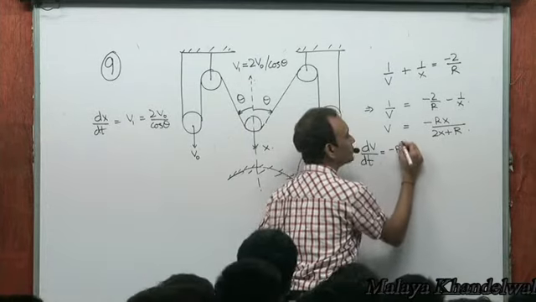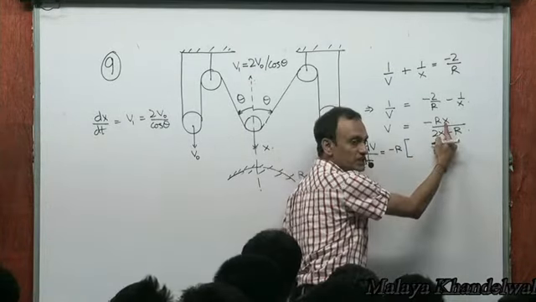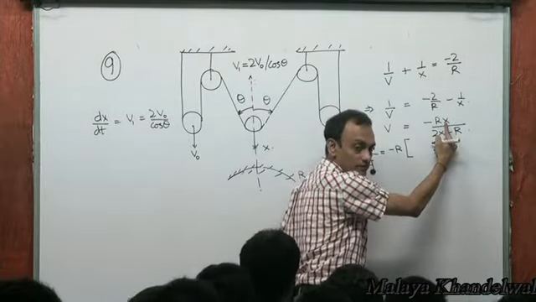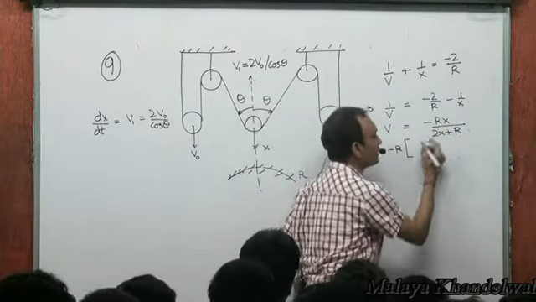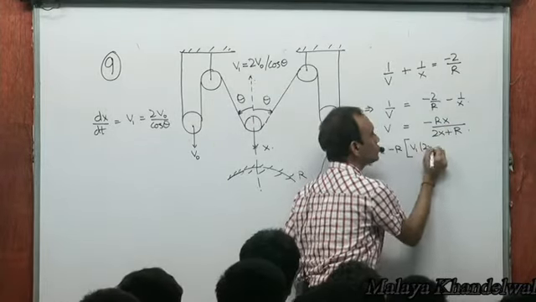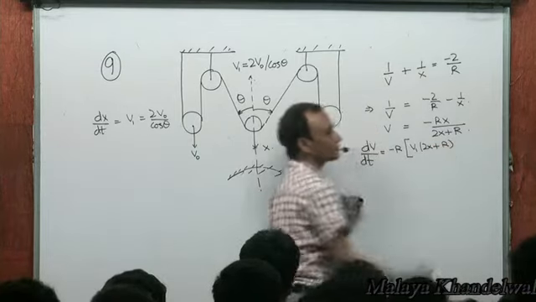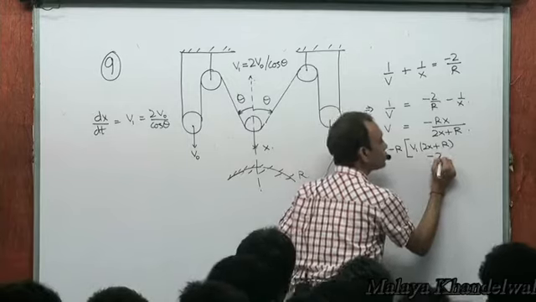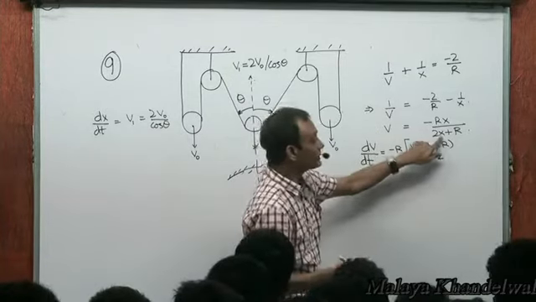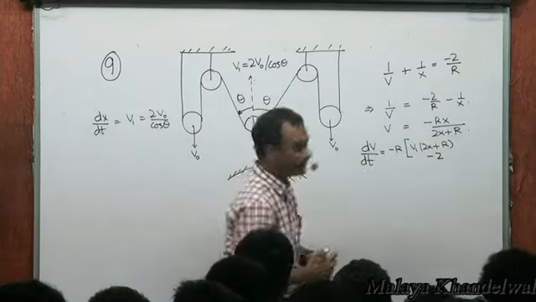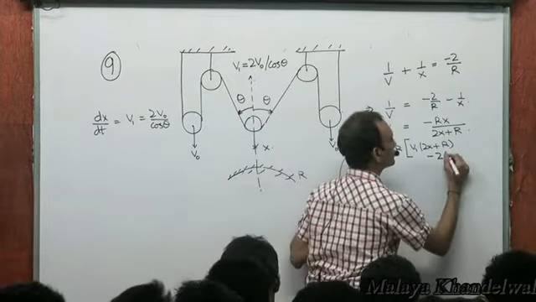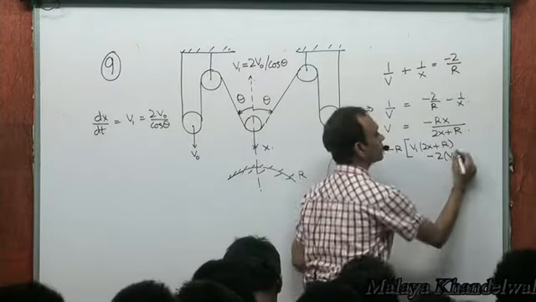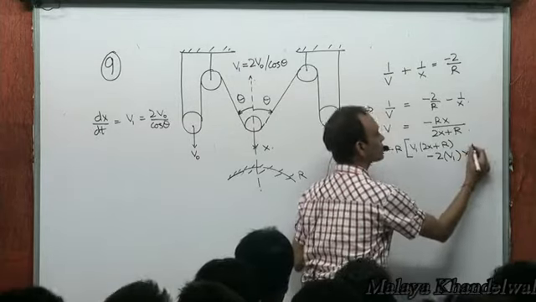Minus r I take common. Derivative of this with respect to time, dx dt, will give me v1 into 2x plus r. Right? Minus 2 times derivative of denominator, dx dt, will again give me v1 into x.